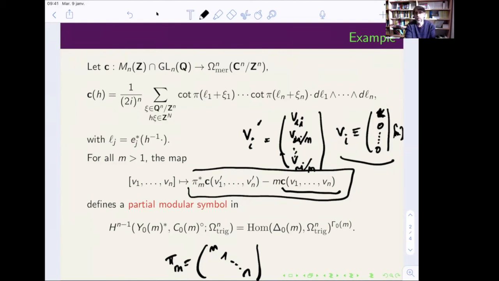It really comes from the topology, so we don't have to use Manin's theorem or something like that, and this can apply in situations where the field is not Euclidean.